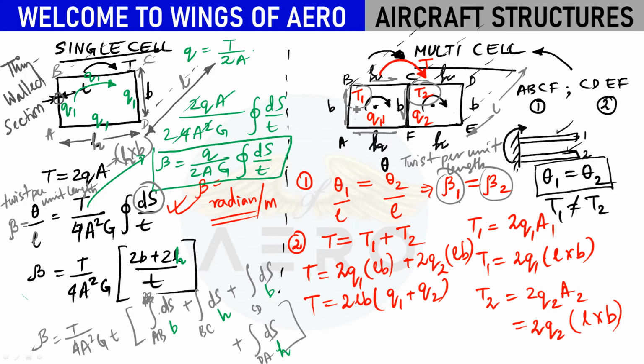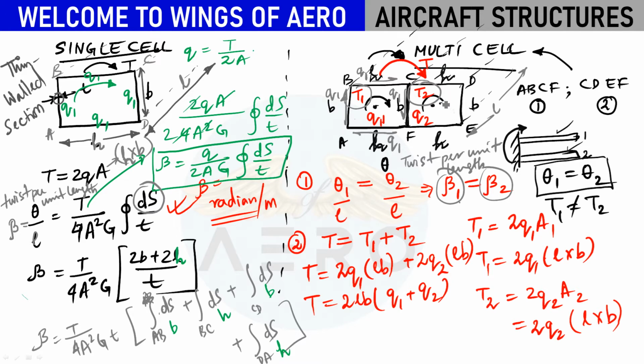Now if I consider cell 1, the shear flow is going to be like this: Q1, Q1, Q1. Here is a wall, CF, which is shared with cell 2.